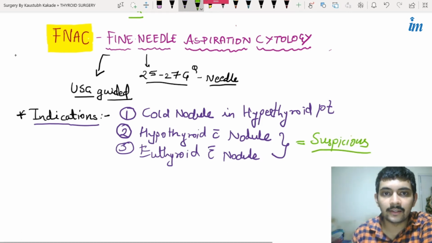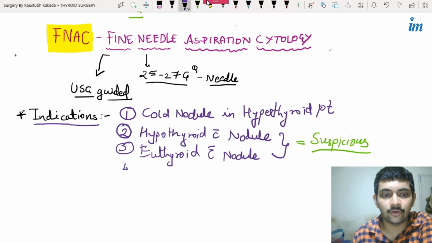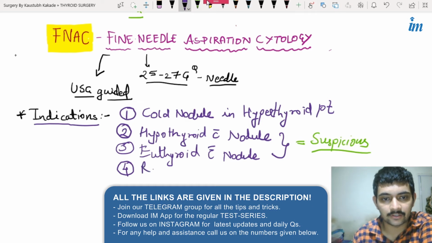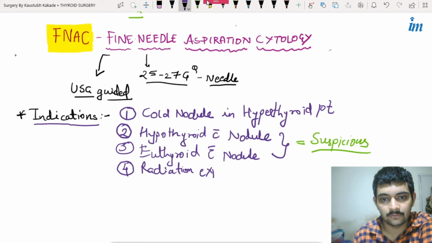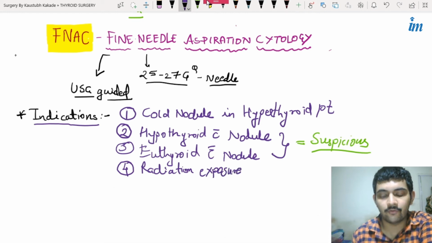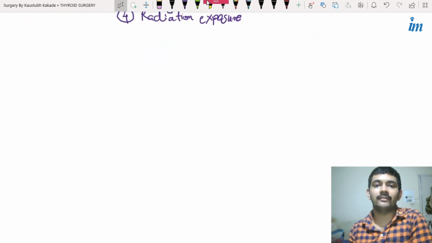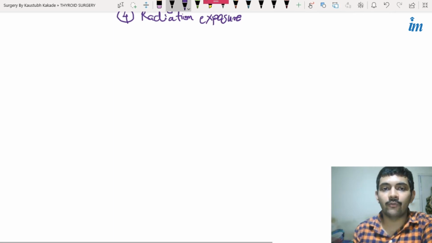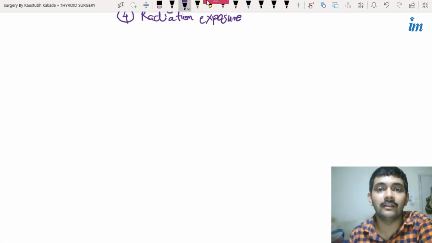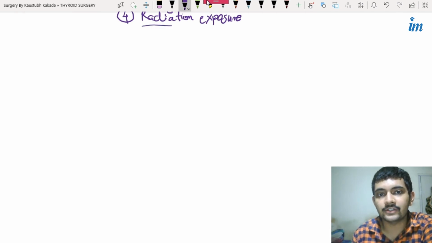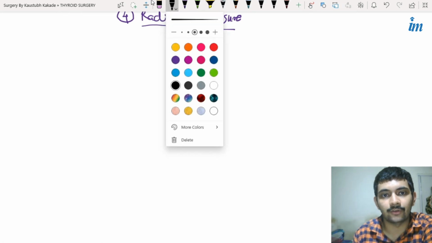Now, the fourth indication is something new that we have not studied earlier. That is radiation exposure. Why radiation exposure? Because one of the most common malignancies that we are going to see are mainly seen in cases of radiation exposure, that is papillary cancer. So I want you to understand the concept of radiation exposure over here.